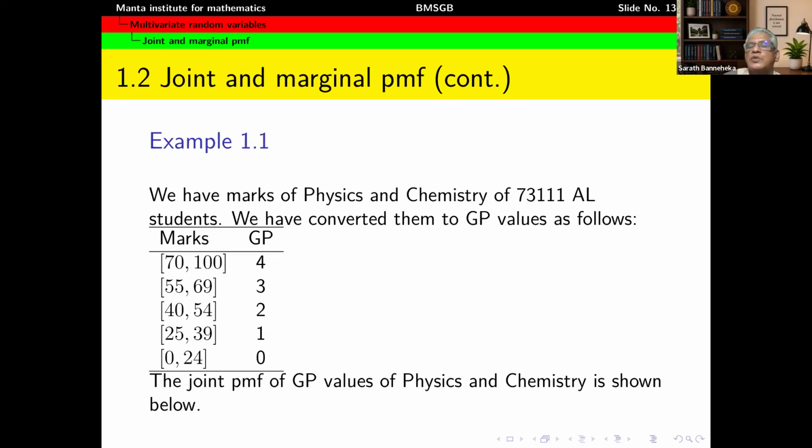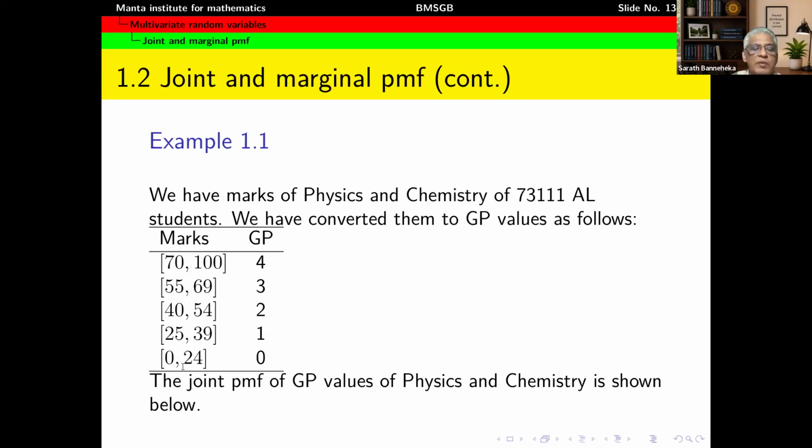So I'm not going to look at the joint probability mass function of the marks of physics and chemistry, because I would have to look at all possibilities of the combinations of those marks. So to reduce the dimension, I converted those marks into grade points, GP values, using this particular condensation.